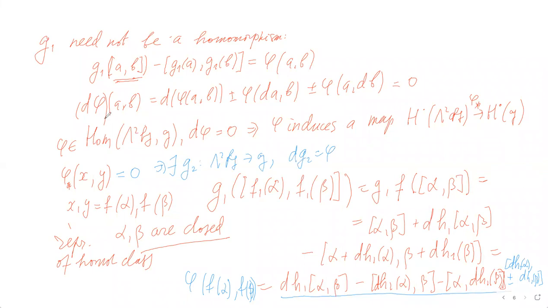If you look here, we shall see that it is precisely the condition for the A infinity map. And moreover, if we look at this identity here, we shall see that G2 is actually given by this identity.